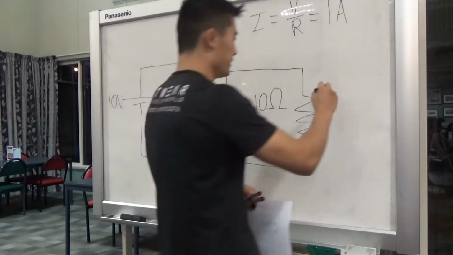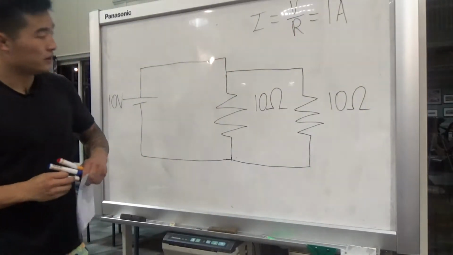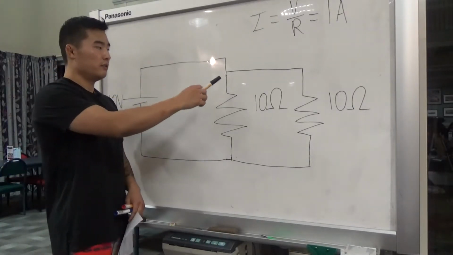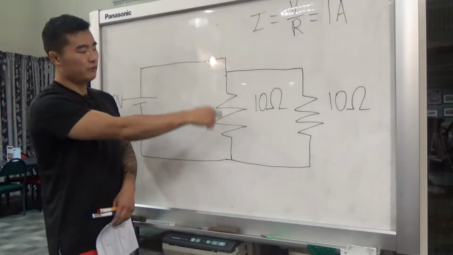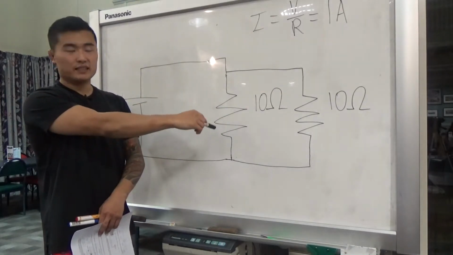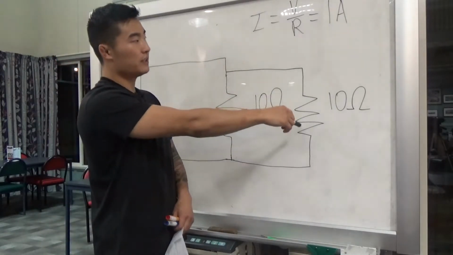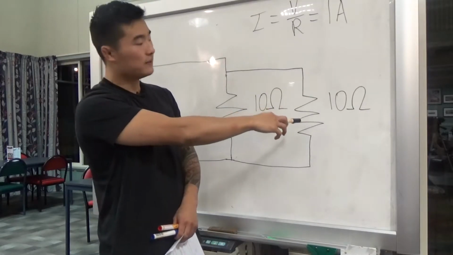And this one is also 10 ohms. And what that means is that this resistor was letting 1 amp go through here per second, 1 coulomb of charge per second, and this one here will also let 1 amp through per second as well.